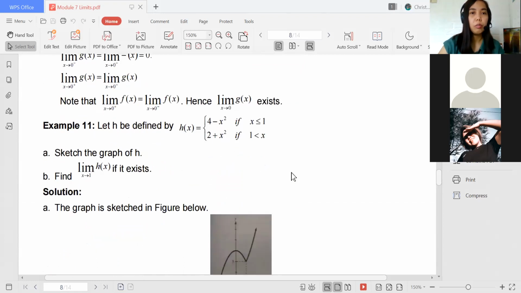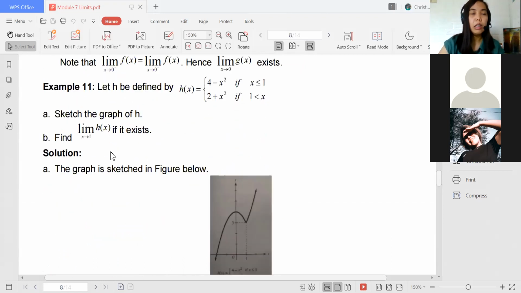Okay, so nandito naman yan, class. Number 11.